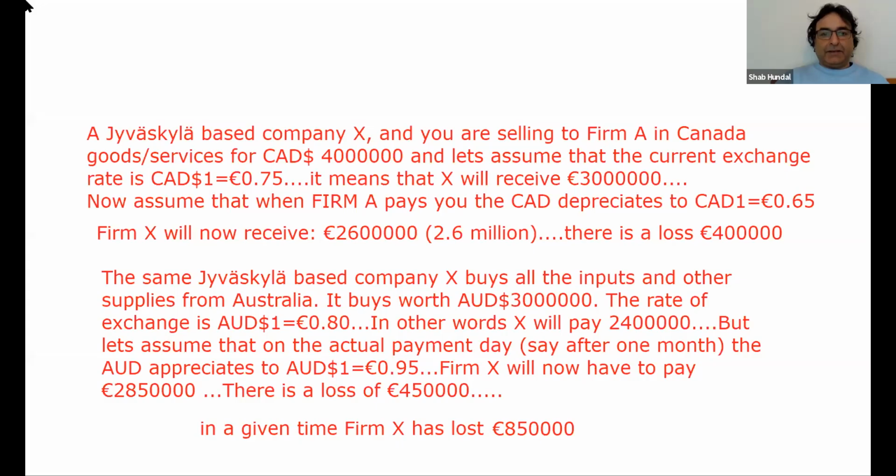Similarly, now I want you to give me an example by yourself. If you are borrowing from the US, so you have borrowed from some American bank, what can be the problem? Considering this example here.